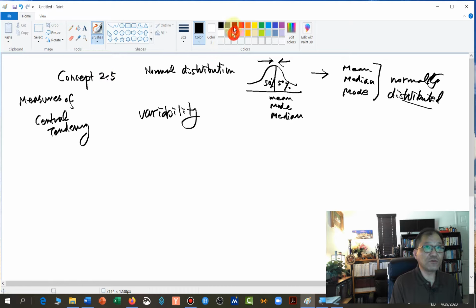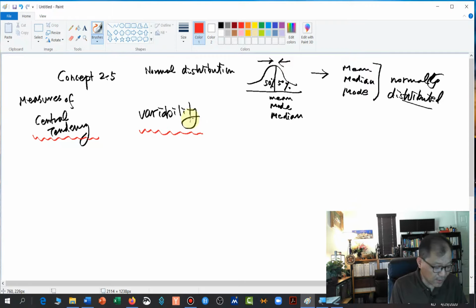So we have two concepts. How do you measure numbers are centered? And the next concept is measures of variabilities, how numbers are different, how numbers are distributed. That is the variability.